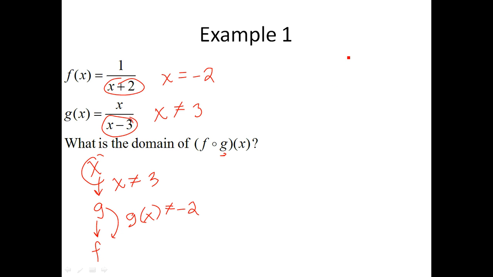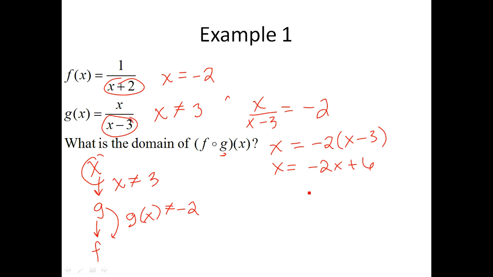So I go up here to g, so we have x over x minus 3, and I want to know what x has to be for that to equal -2. So I'm going to multiply both sides by x minus 3. So we have x equals -2x plus 6.